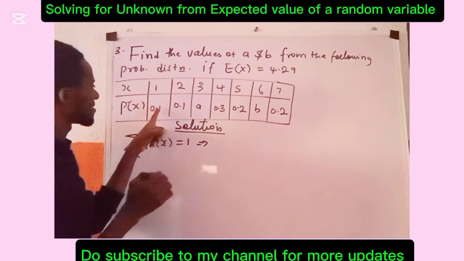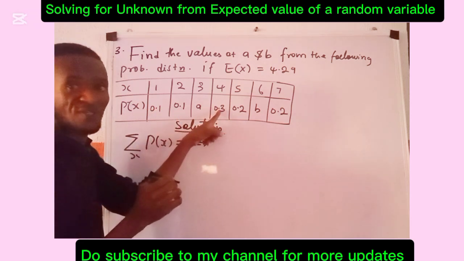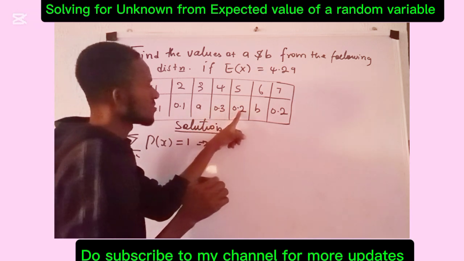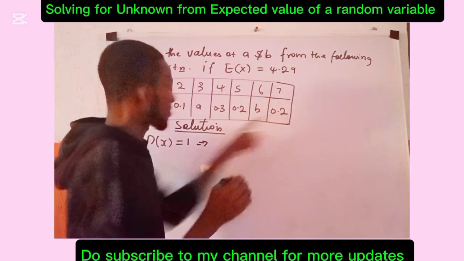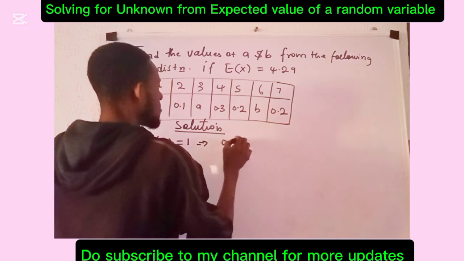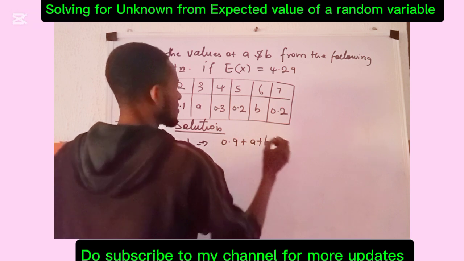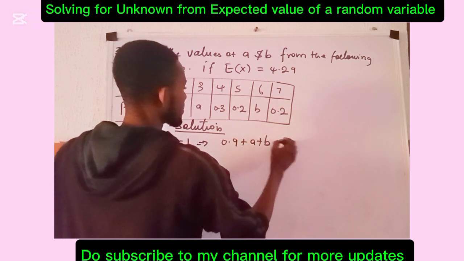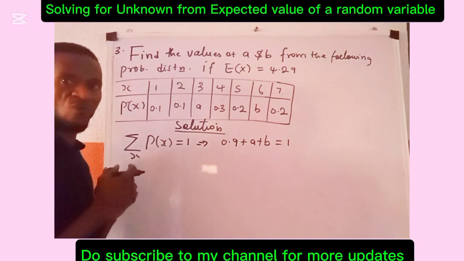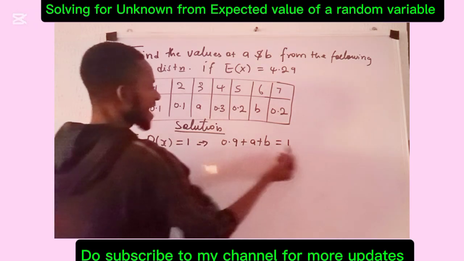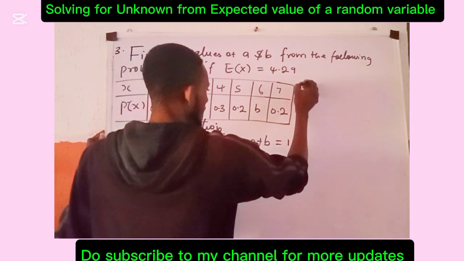So I have 0.9 plus A plus B equals 1, because the sum of all the probabilities must give us 1.